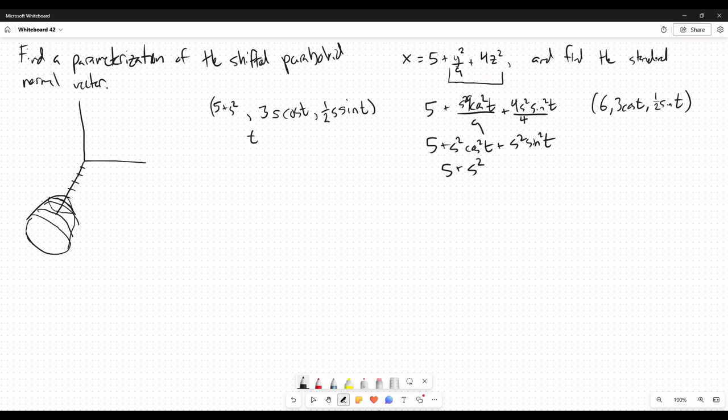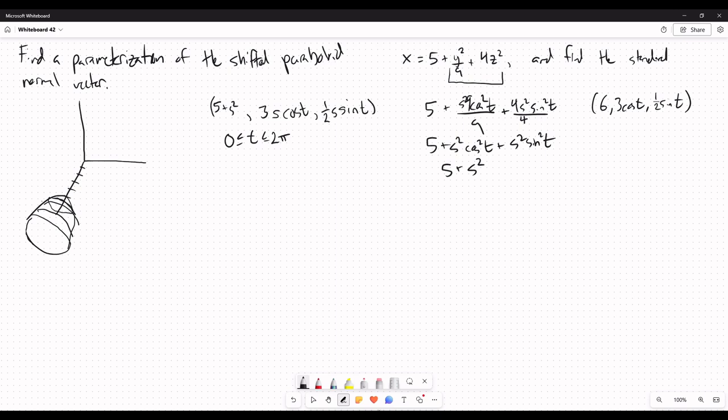As always, since t is representing some angles, we probably want it to go from 0 to 2 pi. And I actually didn't even tell you how far s is going, or how far x is going, so it doesn't super matter.